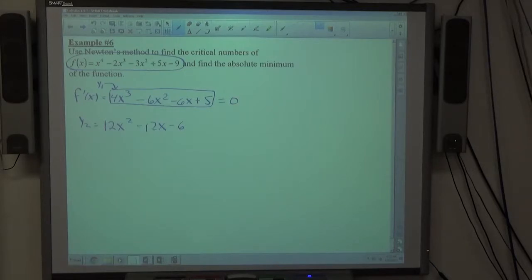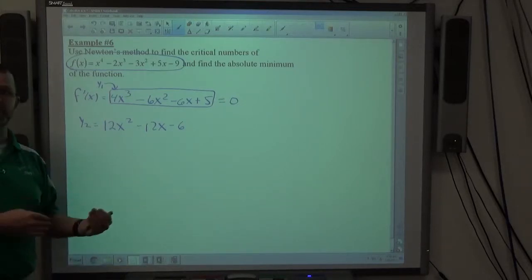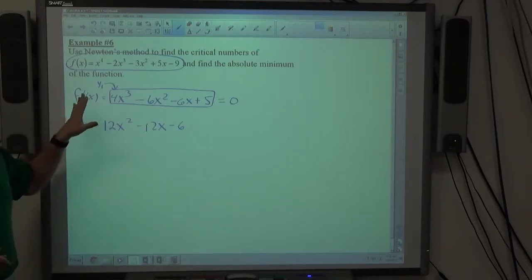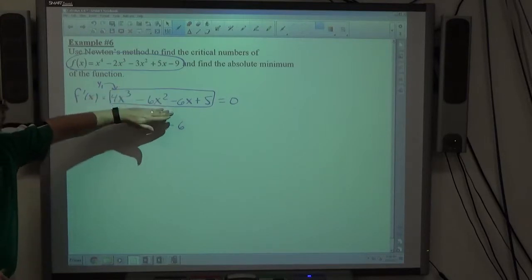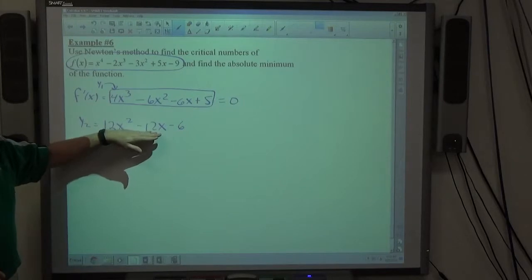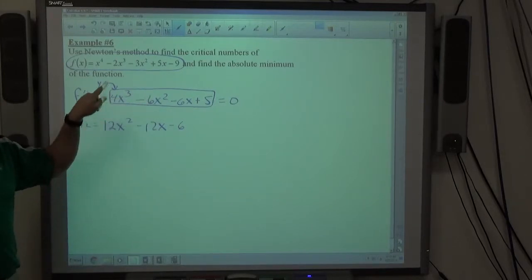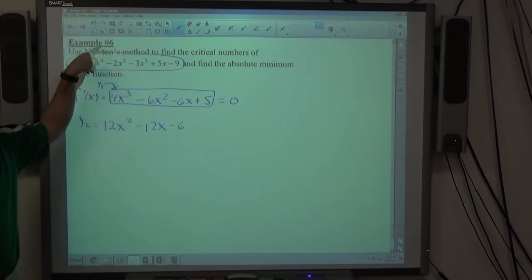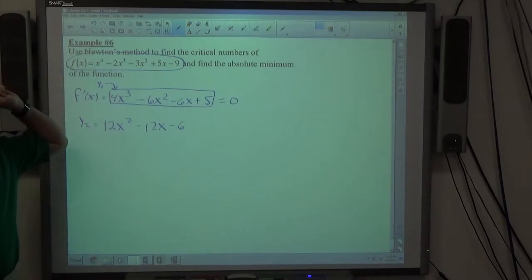So if you're actually using Newton's method as a tool in helping you find critical numbers, and part of the job of finding critical numbers is set the derivative equal to 0, Newton's method is a technique for solving a function equal to 0. Let this be the function, let its derivative be y sub 2, and that allows us to use Newton's method to find the answers to this function, not that one. We all see that okay?